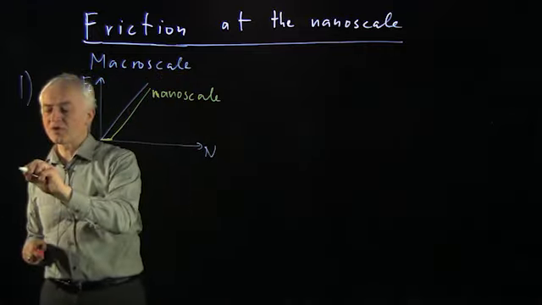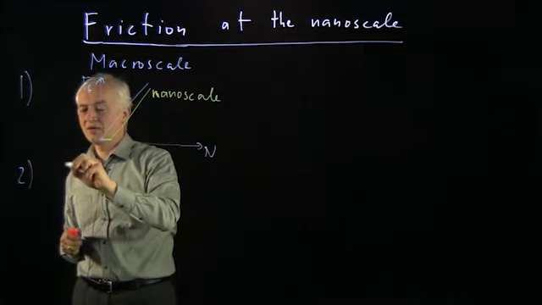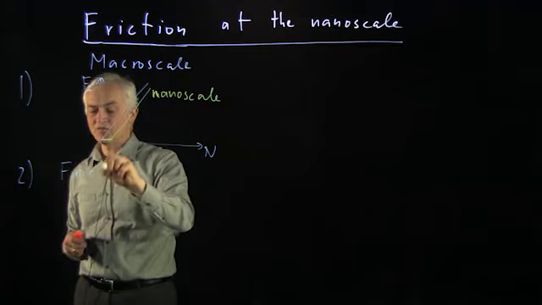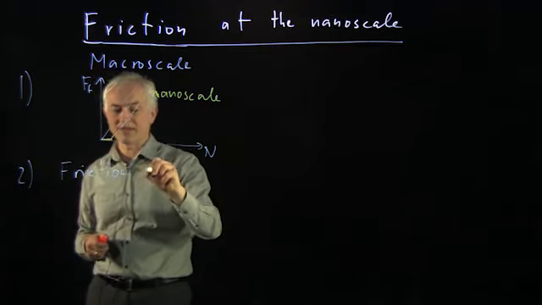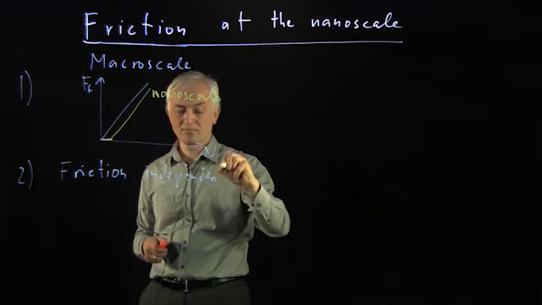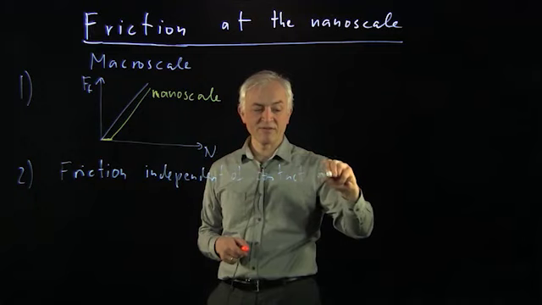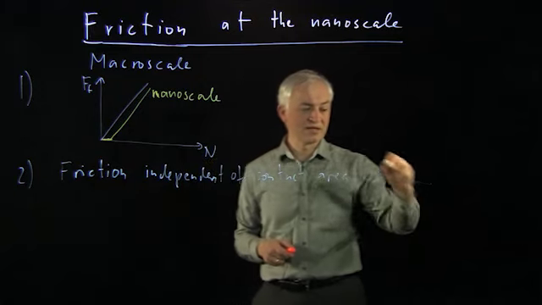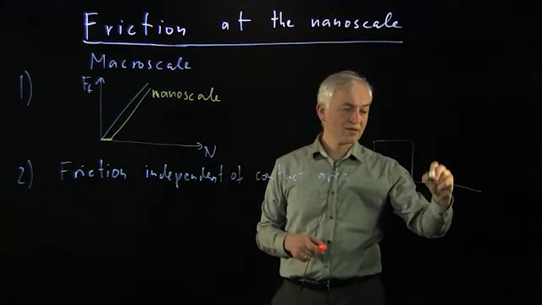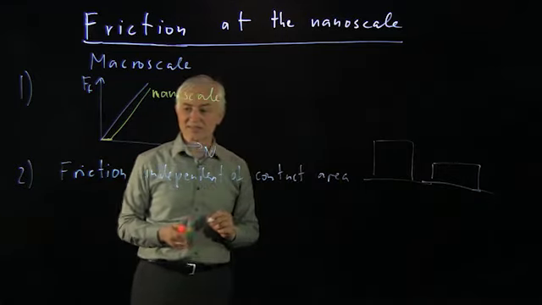Our second law of friction was that friction is independent of surface area, of contact area. Basically the idea that a high object and a flat object of the same mass experience the same friction.